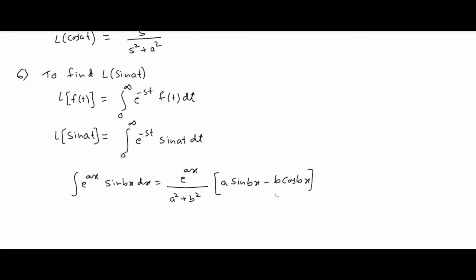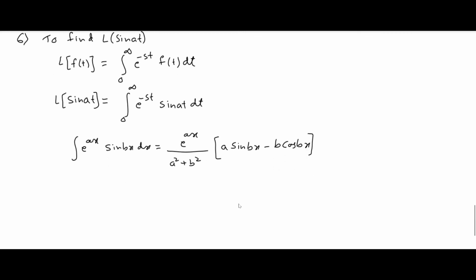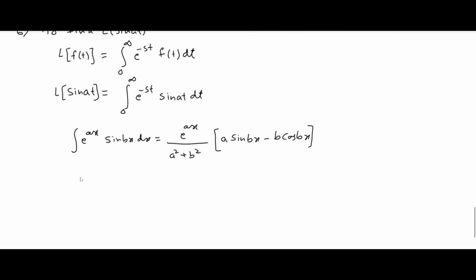That's the basic formula for integral e power of ax sin bx into dx. So once again try to compare the values of a, x and b. The value of a will be minus of s, the value of x will be t, and the value of b will be equals to a. So let us plug in these values in the formula.